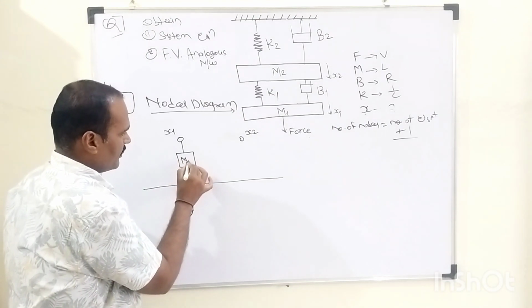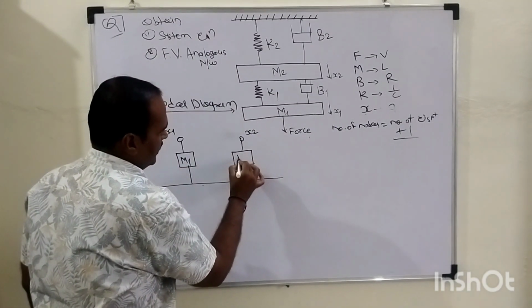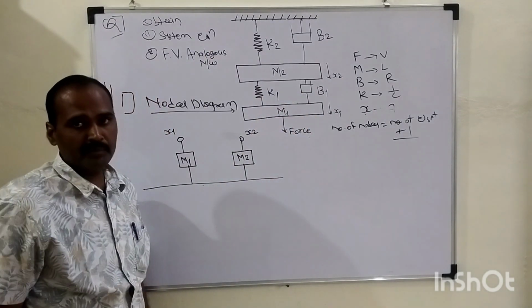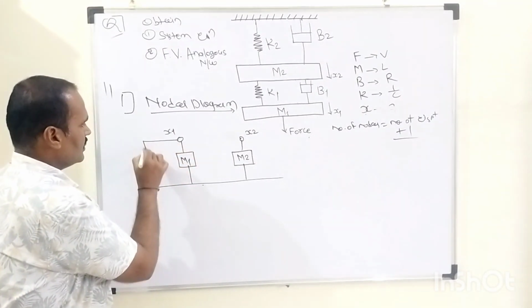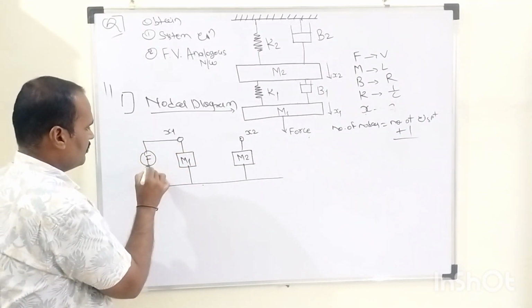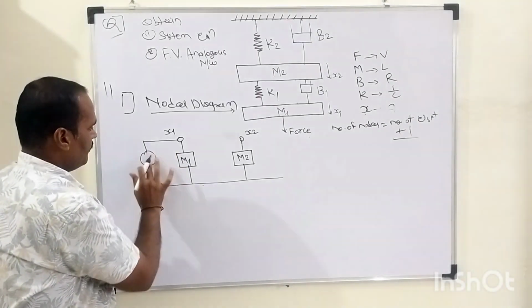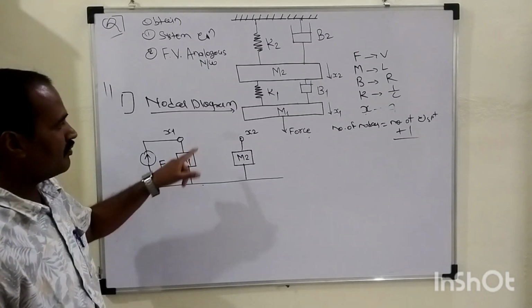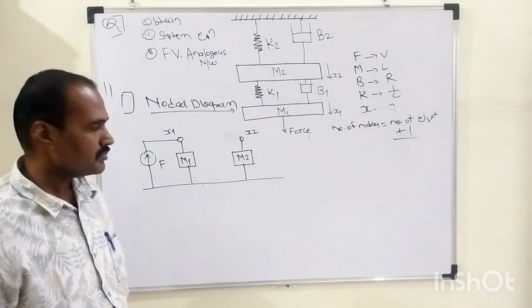Similarly, M2 is connected in between the reference axis and displacement number 2. Now this F is the most important factor for us: its direction indicates the direction of force, which is towards the displacements x1 as well as x2.